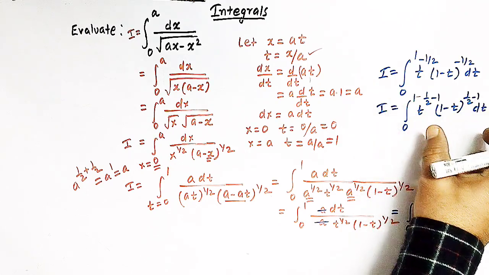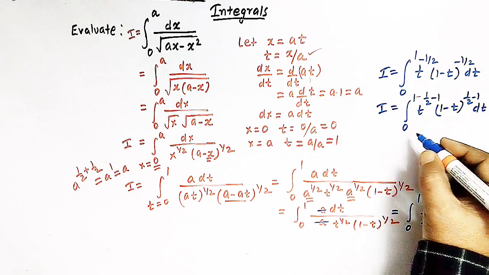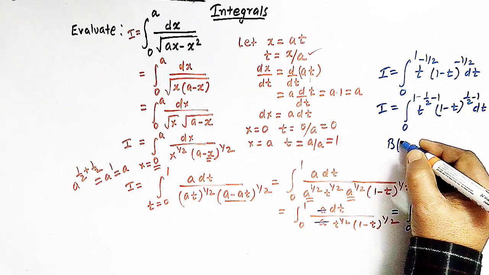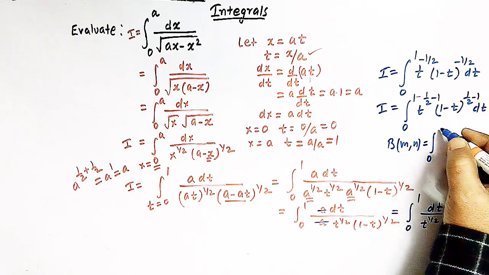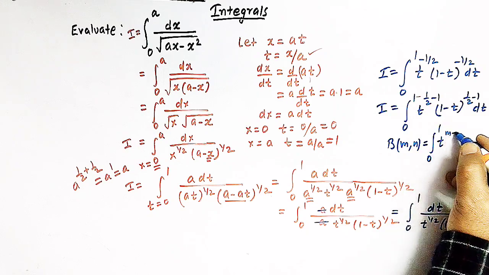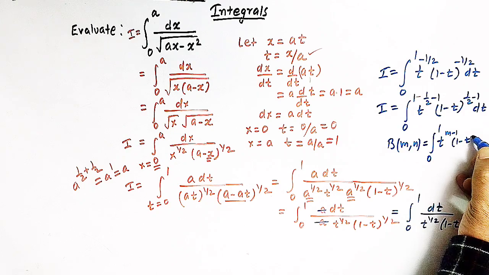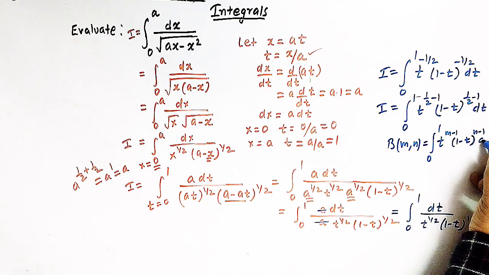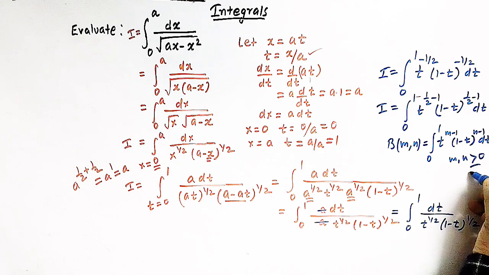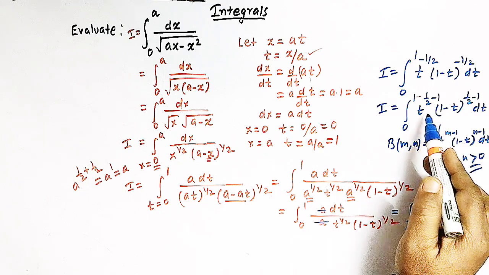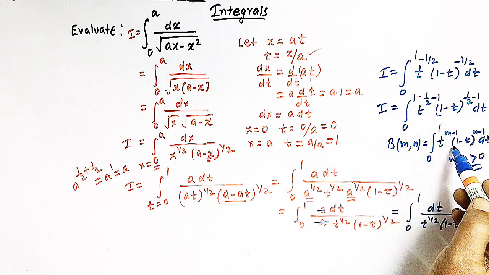So now we can see that this integral is similar to our beta function, that is beta m comma n is given by the integral 0 to 1 t raised to m minus 1 and 1 minus t raised to n minus 1 dt, where m and n are greater than 0. And this integral is similar to this one.